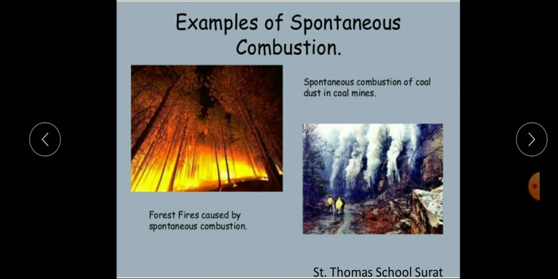Spontaneous forest fires are sometimes due to the heat of the sun or due to a lightning strike. You can see here, these forest fires are caused by spontaneous combustion. How? It is due to the heat of the sun, or due to a lightning strike.